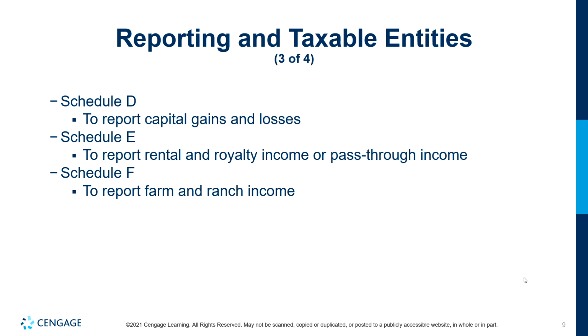But we're not going to really discuss Schedule F too much in this course. Again, it's not very common for most tax preparers to see a Schedule F. So this course is going to kind of really gloss over it. Sorry. But it's just the way it is. Again, gotta teach you as much stuff as I can in this course as quickly as possible.